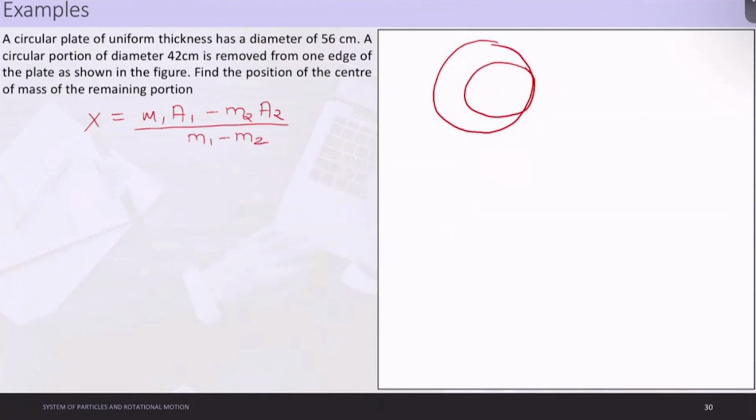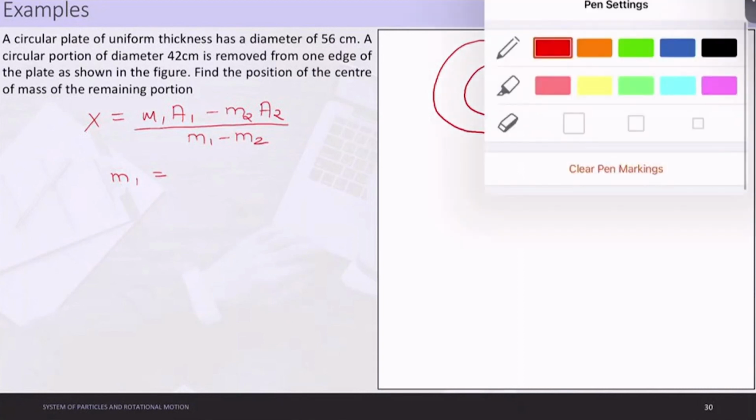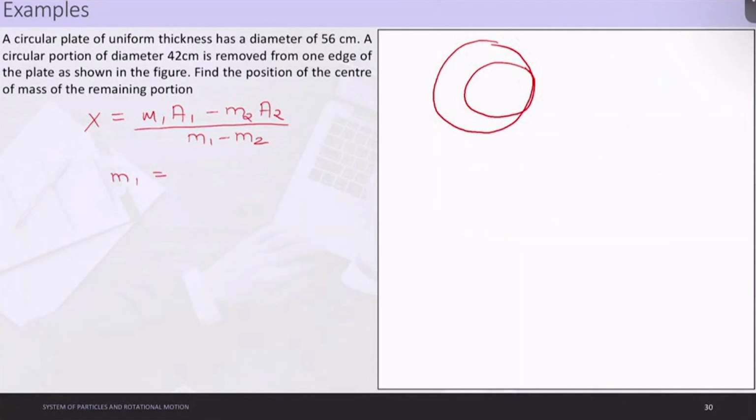What is M1 here? Basically, we assume that the mass density is the same, so M1 and M2 will be in the same proportion as the areas, because for a circular plate of uniform thickness, the mass density is the same.